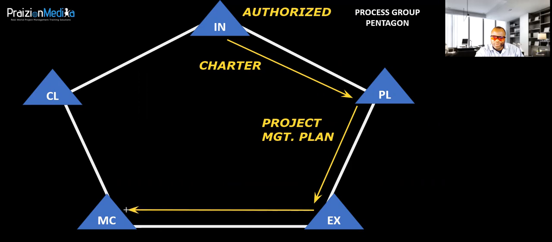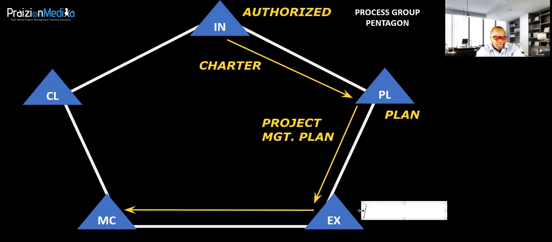As you are doing that, you're going to get an output, which we know to be work performance data. You're also going to get what we call deliverables. In other words, you're executing, you're carrying out the work. So let's put some notes here. What you're doing in this one is you're planning.